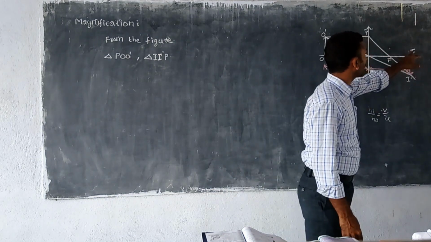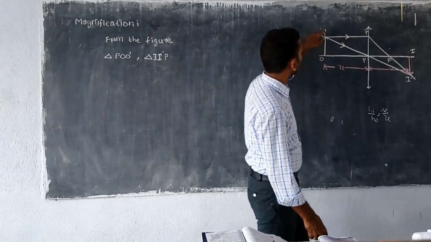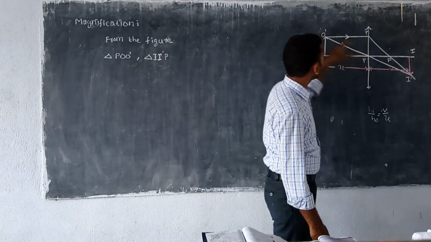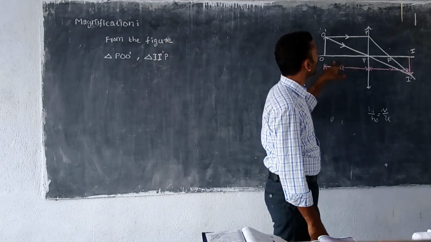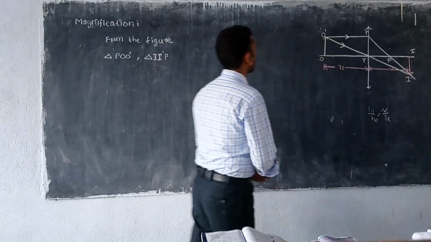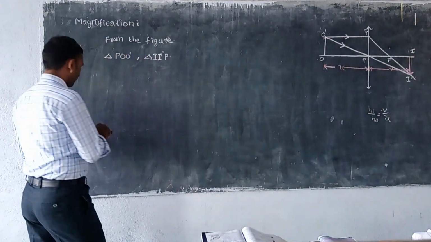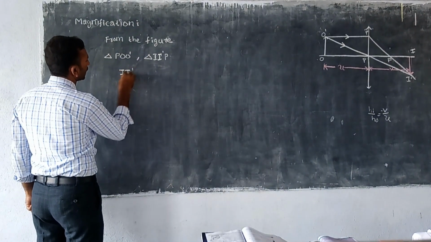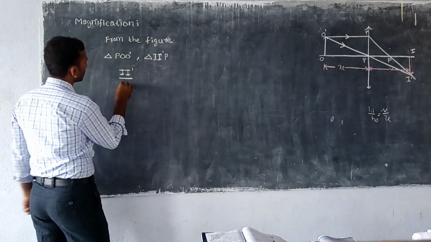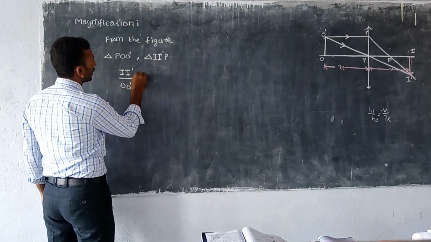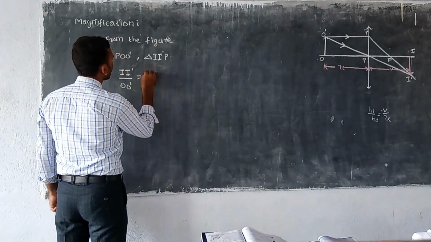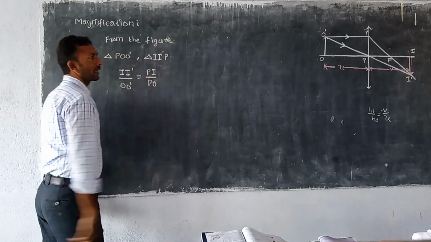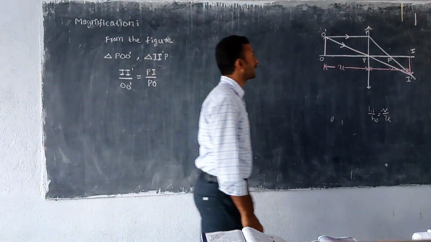From the triangles we can write the sides ratio: I dash by O dash equals PI by PO. We can write this by using the triangle sides ratio.